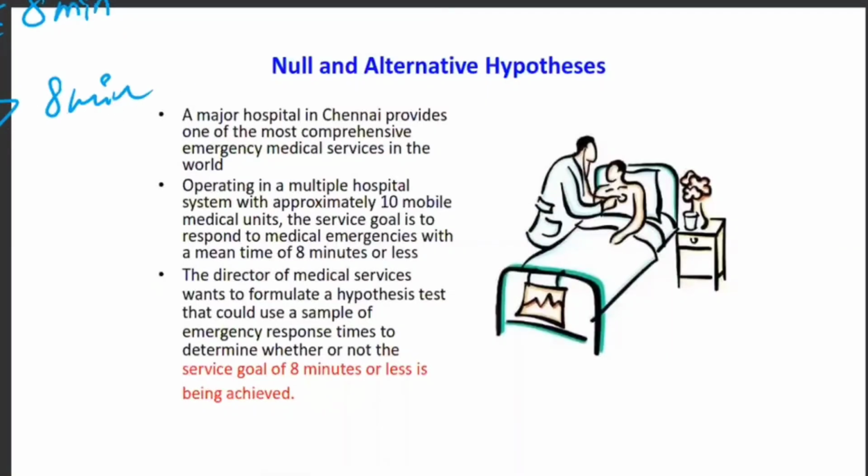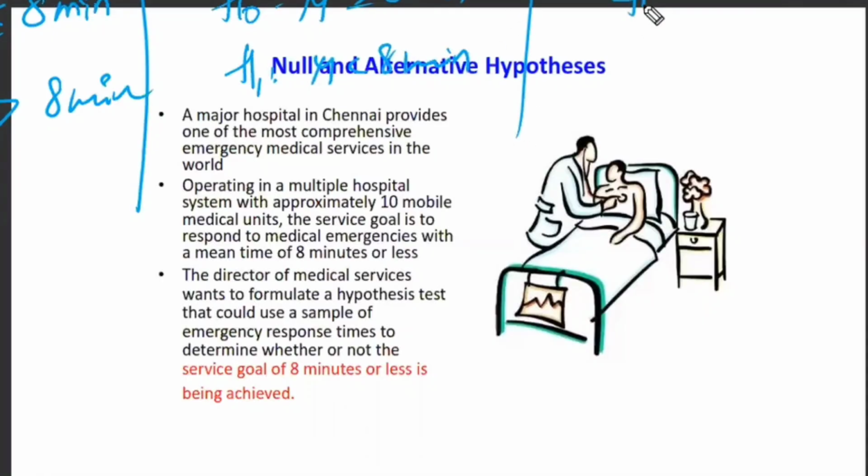Okay, option A. In the NASSCOM certification, this question was given, and this is option A they have given, and he has selected option A. Option B, I will write: that is, mu is greater than or equal to 8 minutes, and H1 is mu is less than 8 minutes.